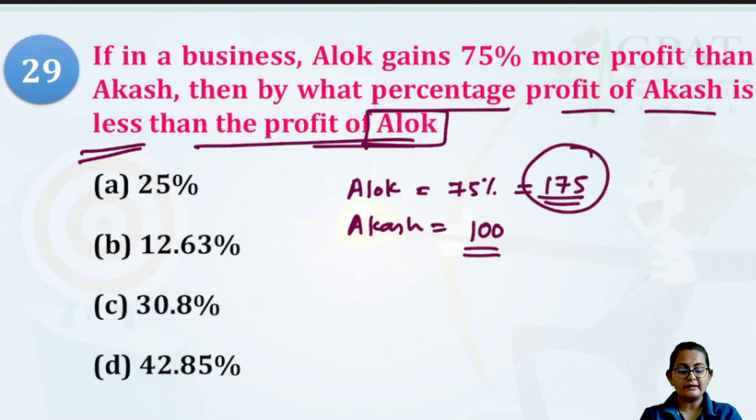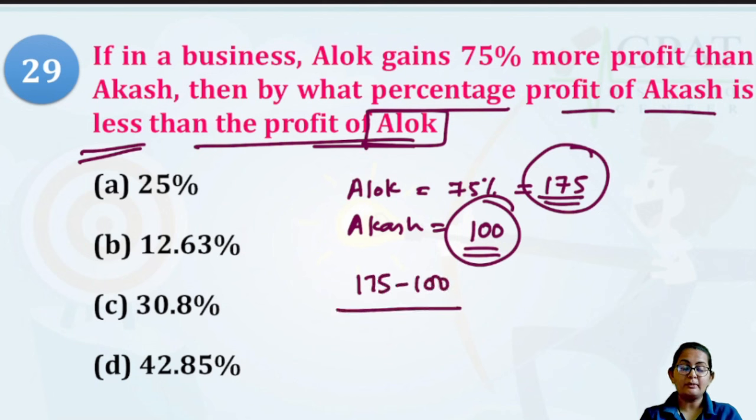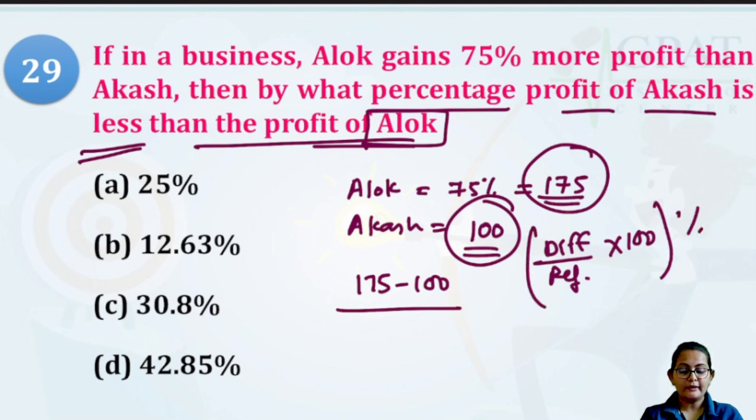If you want to take the percentage term, what you can do? 175 minus 100, you take the difference divided by the reference value. Difference divided by reference into 100 is the formula. Whenever we are comparing two terms, difference divided by reference into 100 is the formula to get the percentage term. So 175 minus 100 divided by 175.